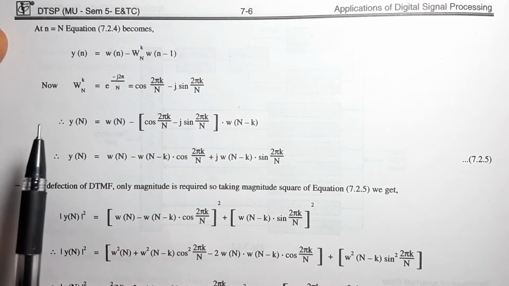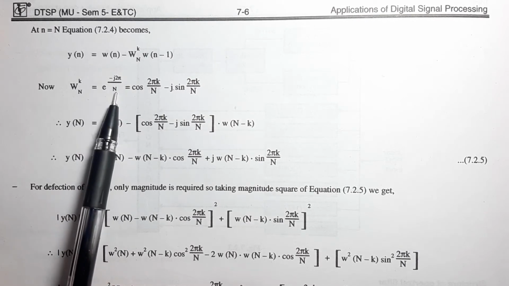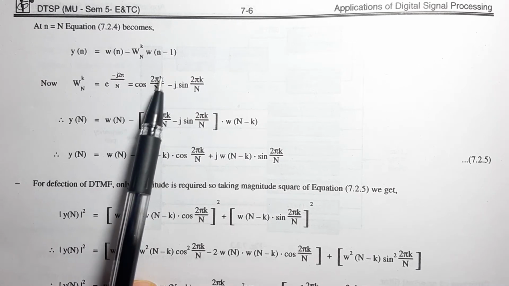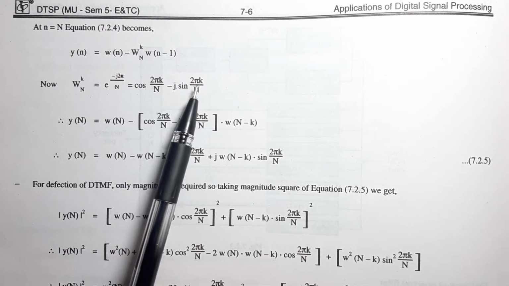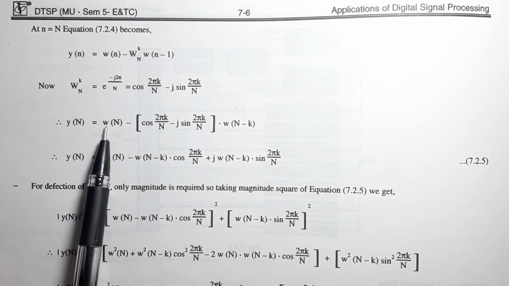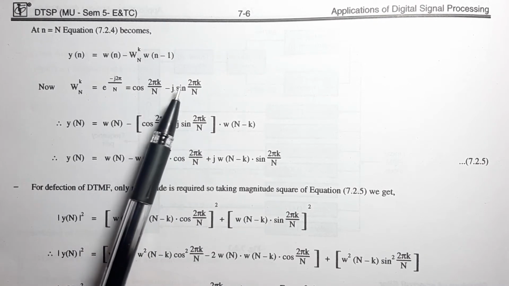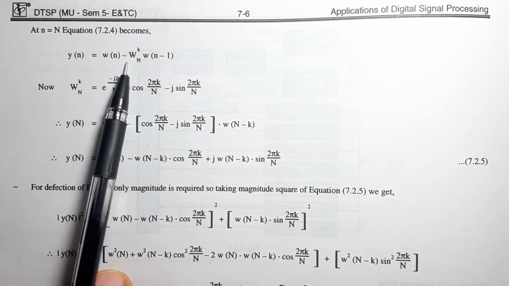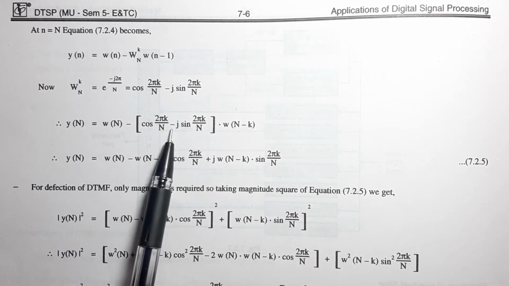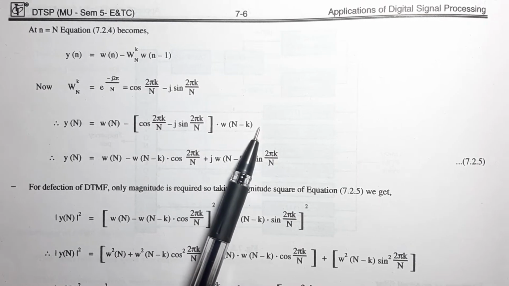As we had seen for the twiddle factor, W_N^k is nothing but e raised to minus j 2 pi k by capital N, which can be split into two parts using Euler's identity as cos(2 pi k/N) minus j sin(2 pi k/N). Therefore, y(N) equals w(N) minus, substituting this value, (cos(2 pi k/N) minus j sin(2 pi k/N)) times w(N minus 1).